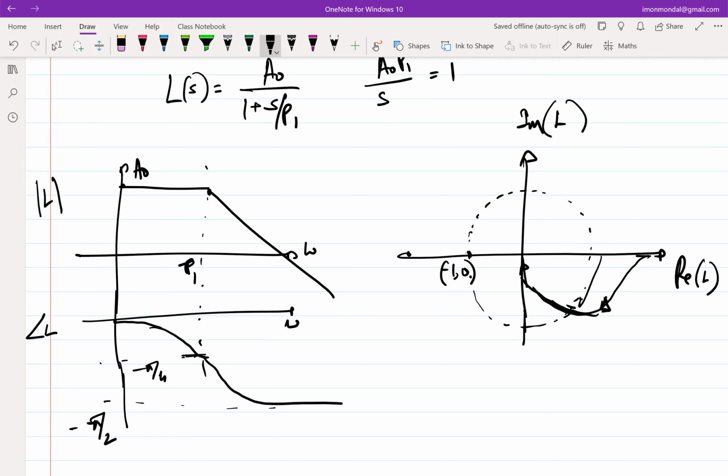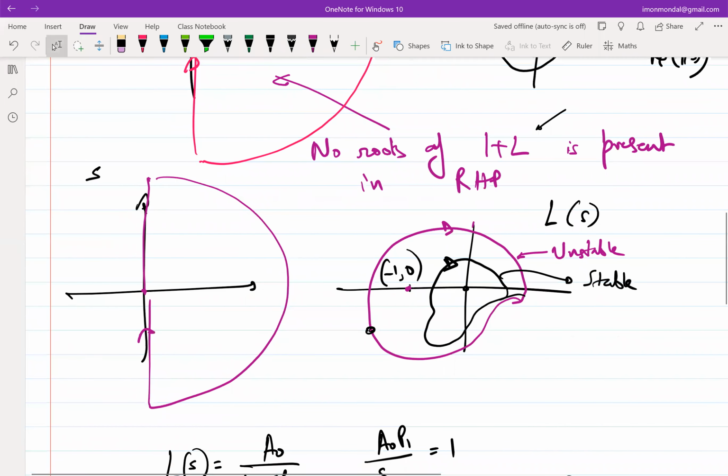Also we know that these are symmetric with respect to omega, which means whatever is happening from 0 to infinity will happen from minus infinity to 0 also, which means this plot wraps around on the other side. So when it wraps around, this essentially will become something like this. And why am I not bothered about this? 0 to infinity is this, so minus infinity to 0 is this.